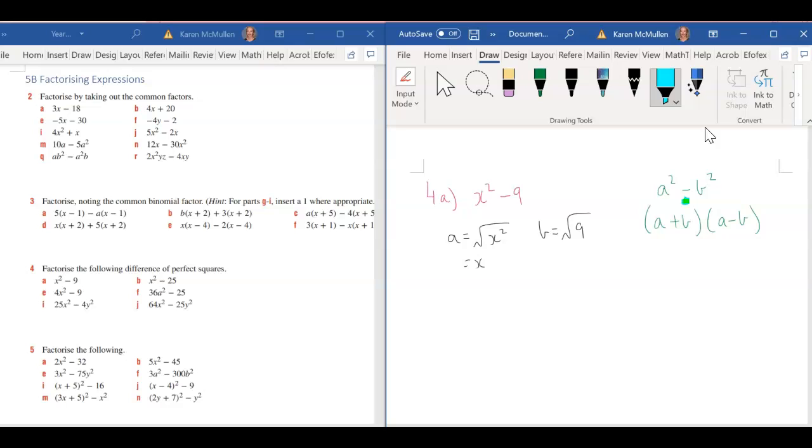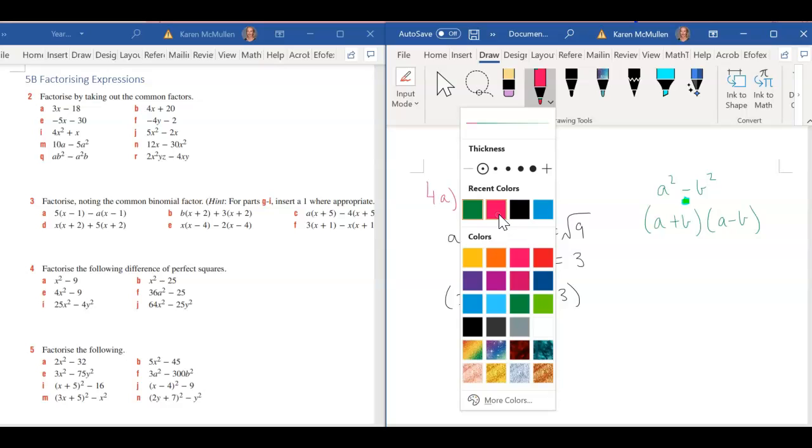So we're just going to see b squared as 9, or 3 squared. The square root of 9 is 3. So when you're writing your factorized expression, it's (x plus 3)(x minus 3).